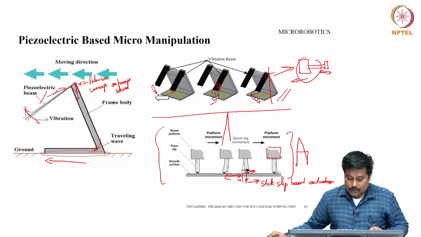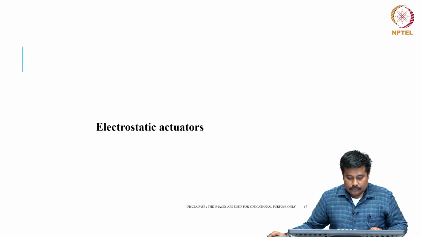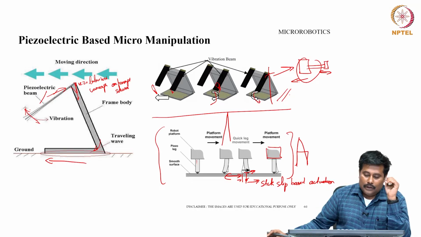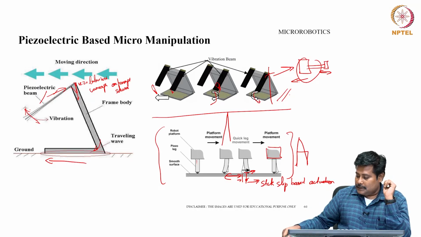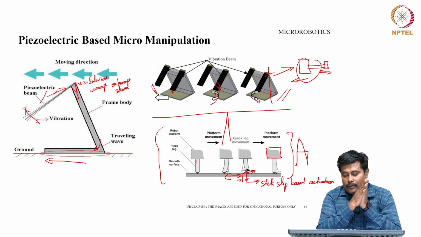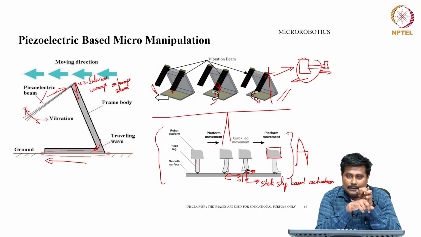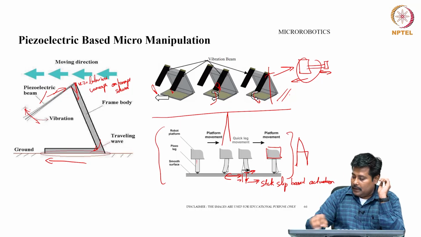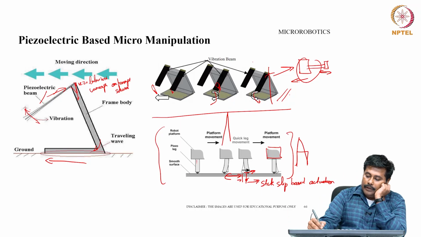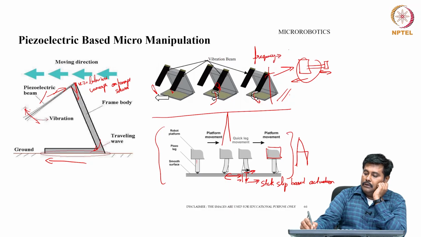So ideally, to summarize in a nutshell, in order to encash this micro manipulation process, we may need to encash either the frequency or the displacement. In this particular configuration, we are encashing the frequency to generate the appropriate displacement.